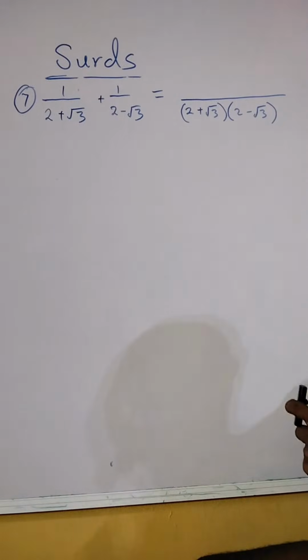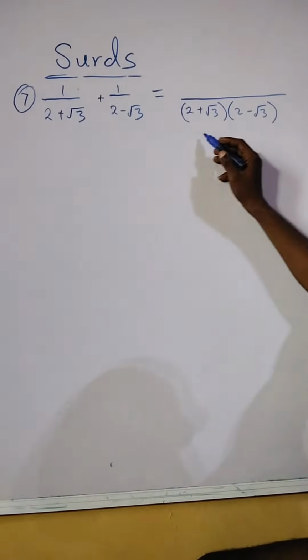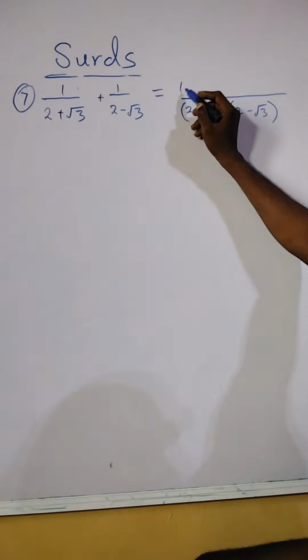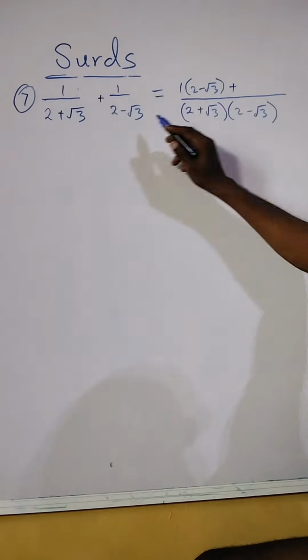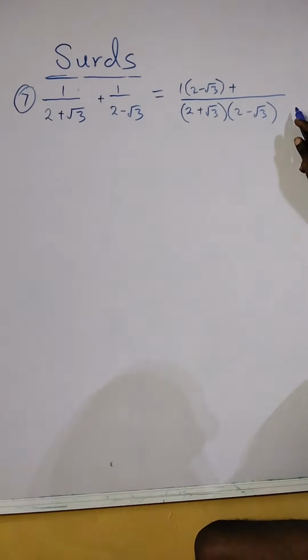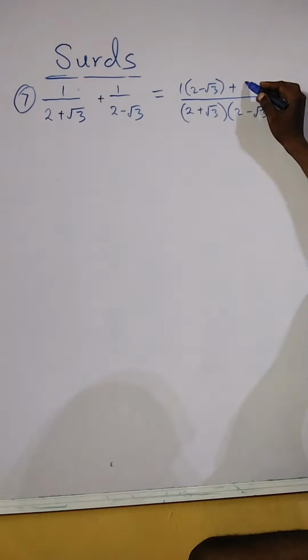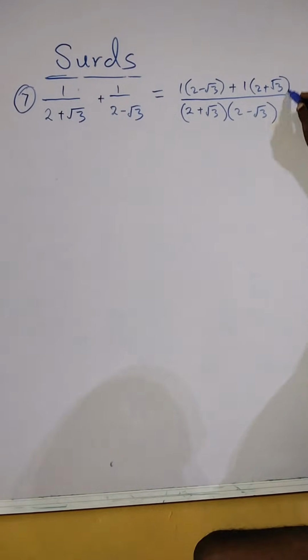And here, when 2 plus root 3 goes here, it remains 2 minus root 3, and 1 times 2 minus root 3. Then plus, also 2 minus root 3 goes here, remaining 2 plus root 3, and 1 times 2 plus root 3.